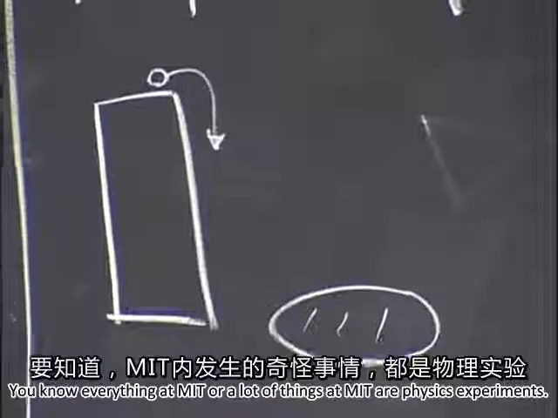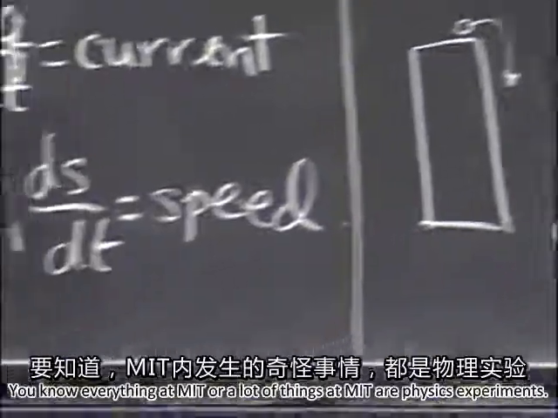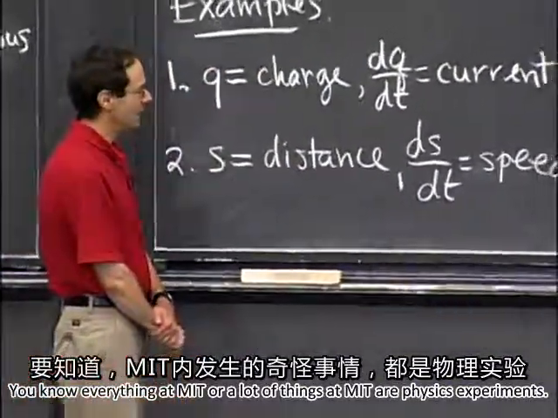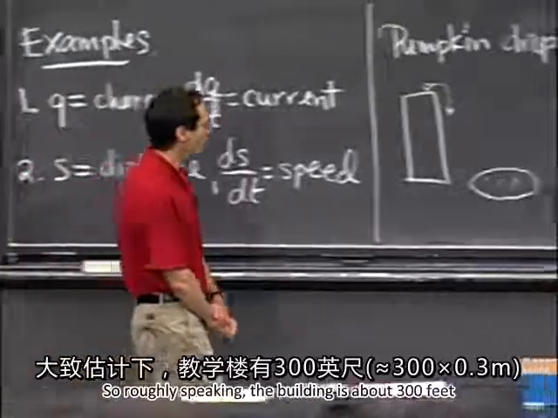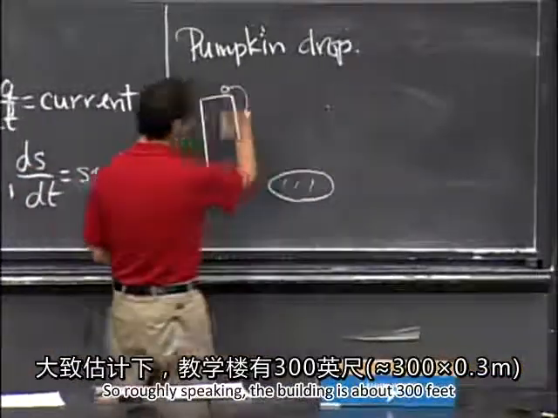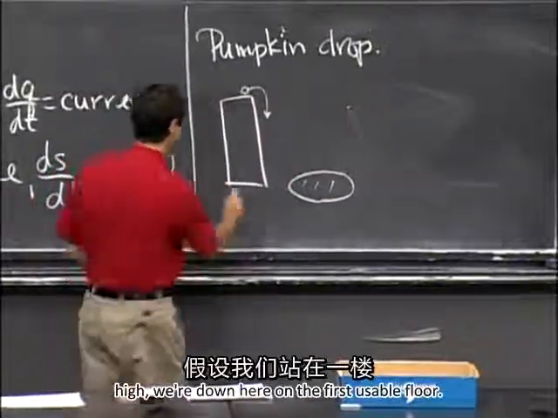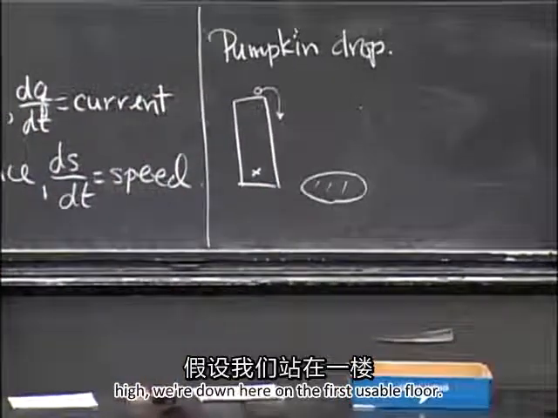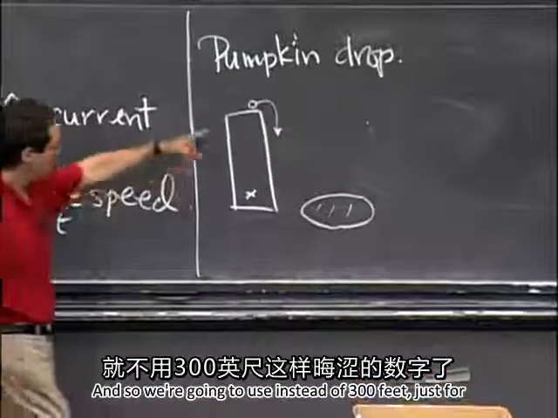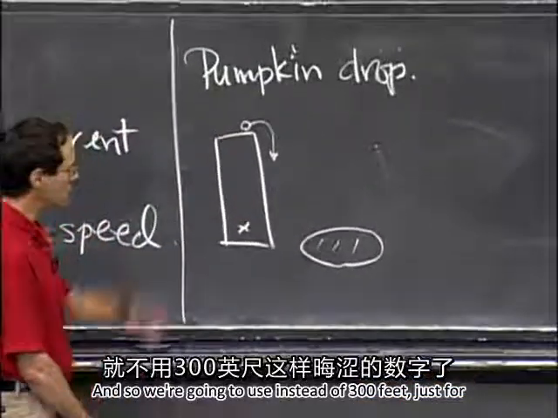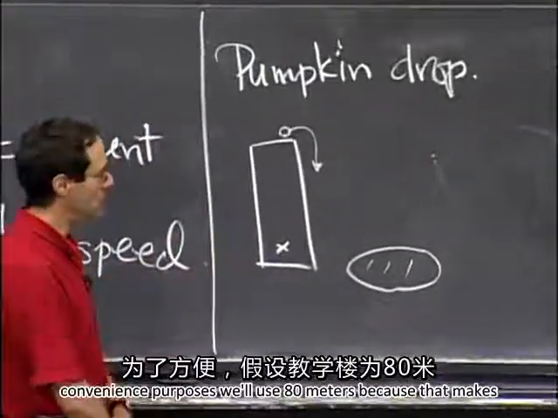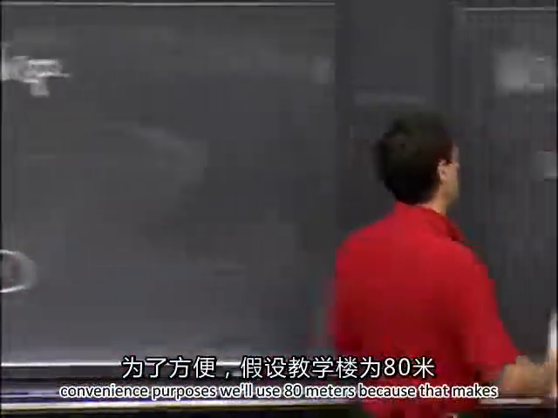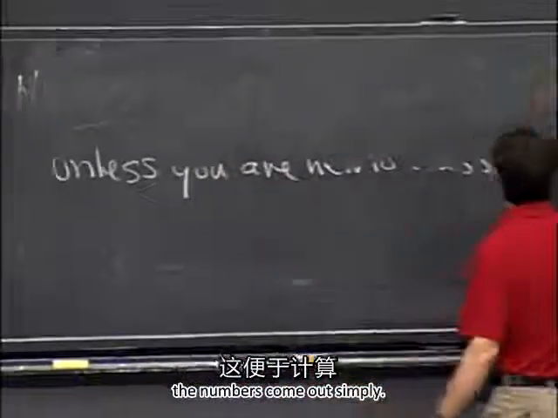Everything at MIT, or a lot of things at MIT, are physics experiments. So that's the pumpkin drop. Roughly speaking, the building's about 300 feet high. We're down here on the first usable floor, and so instead of 300 feet, just for convenience purposes, we'll use 80 meters, because that makes the numbers come out simply.